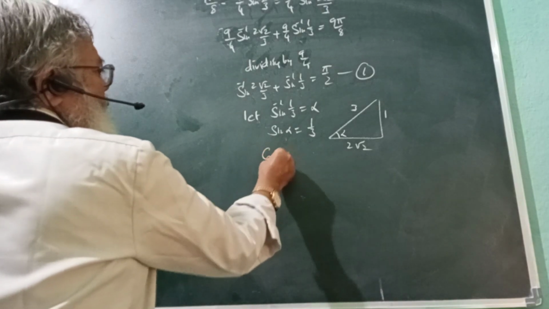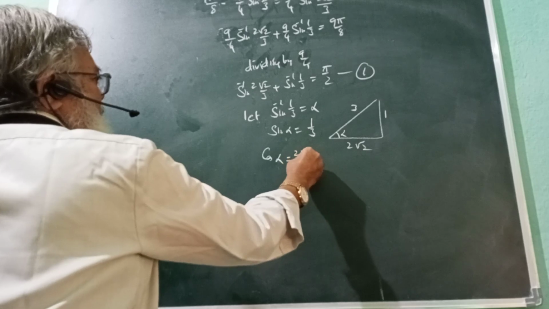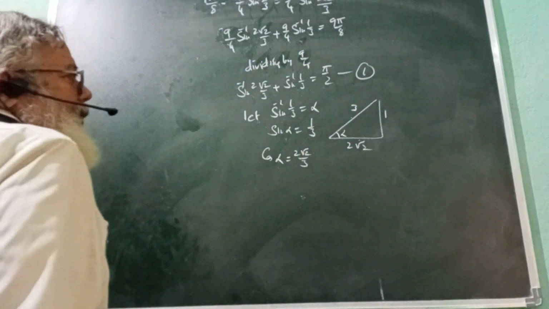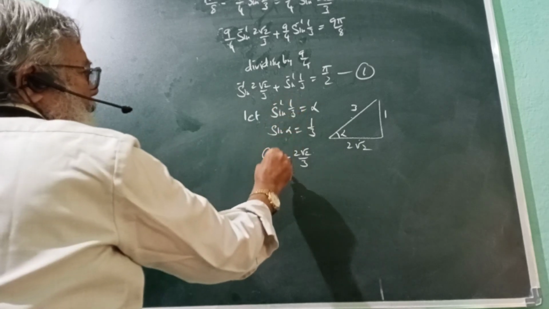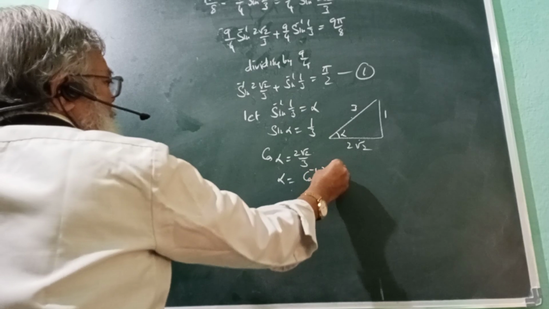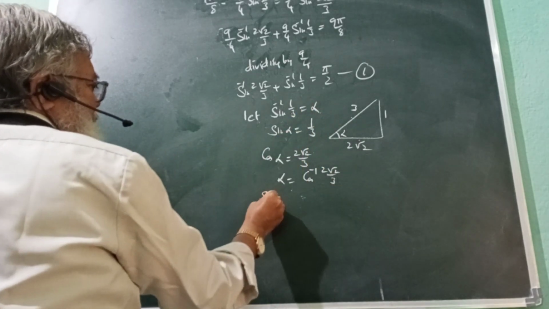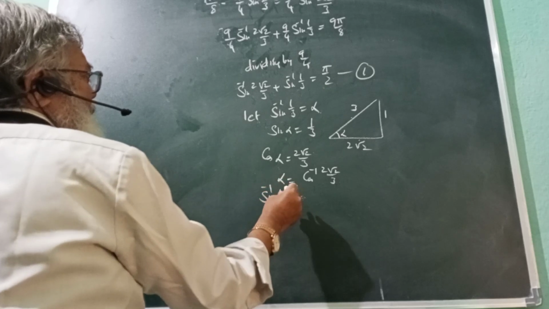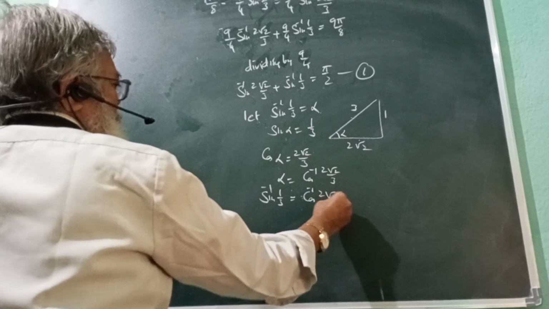Now obtain the value of cos alpha here. Cos alpha is 2 root 2, adjacent side by hypotenuse, by 3. So therefore see, alpha is equal to sine inverse 1 by 3, and alpha is also equal to cos inverse 2 root 2 by 3. Substitute the value of alpha, that is sine inverse 1 by 3 is equal to cos inverse of 2 root 2 by 3.